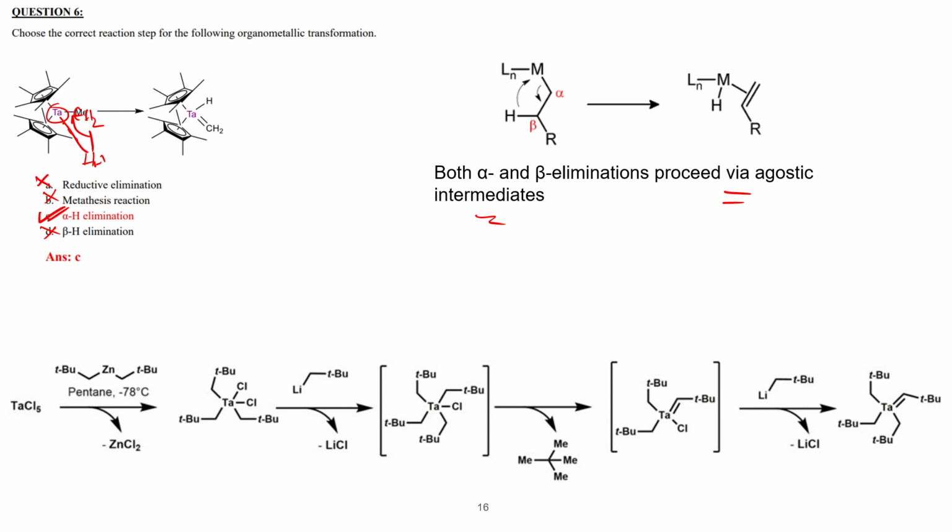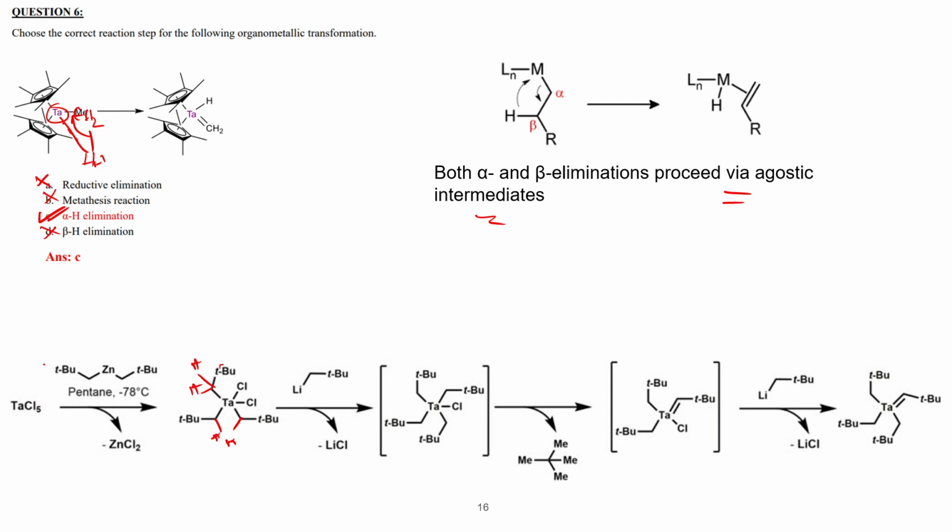So tantalum, for this particular case, I have shown over here with tertiary butyl unit. We can observe that for tertiary butyl group we have no beta hydrogen, which was so for methyl. So we are only left with this particular alpha hydrogen.